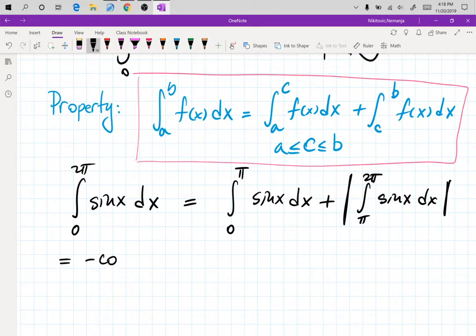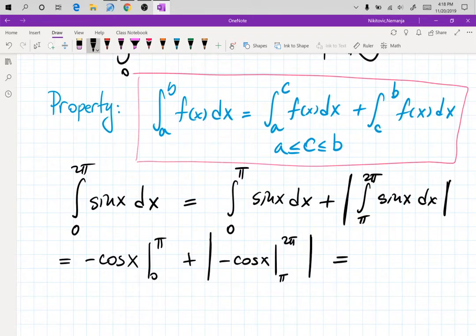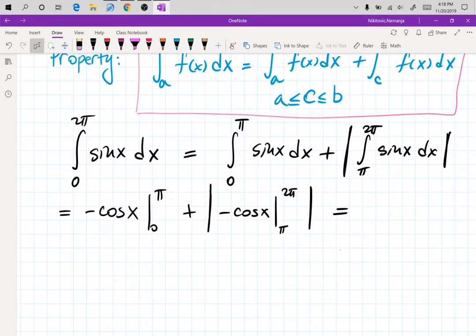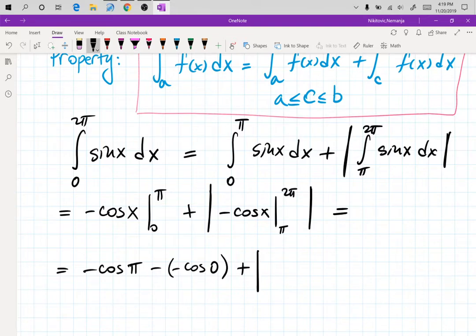So negative cosine x computed from 0 to pi plus absolute value of negative cosine x computed from pi to 2 pi, closed absolute value. So that's negative cosine pi minus negative cosine 0 plus absolute value negative cosine 2 pi minus negative cosine pi, closed absolute value.